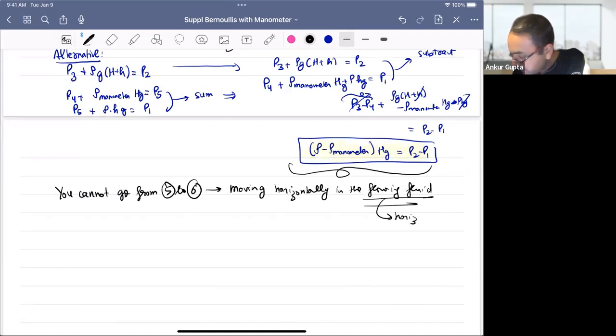Remember, in Bernoulli's, we cannot have this idea that the pressure will not change horizontally in the flowing fluid.